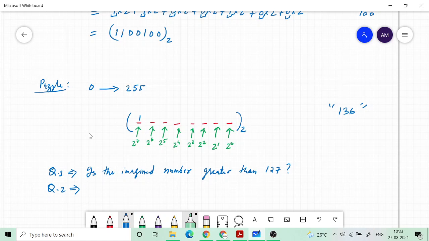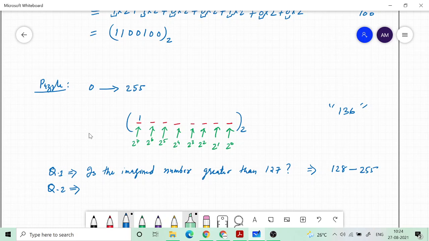So I have excluded half of the possibilities here, because I now don't need to go from 0 to 127. I know that definitely those are not the numbers. I have reduced the possibility to just half the range. Once I get the answer to this question, I know that the number is somewhere between 128 and 255.